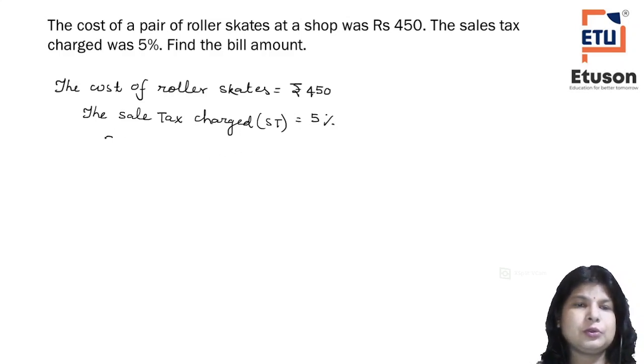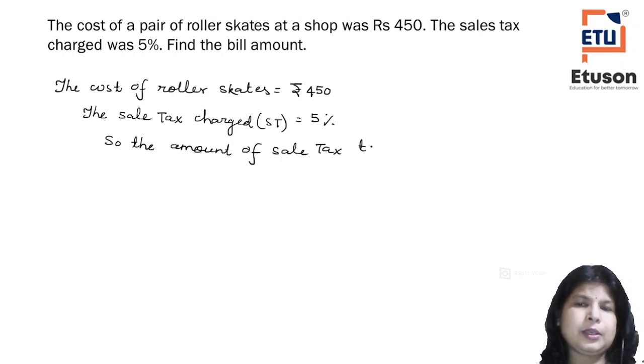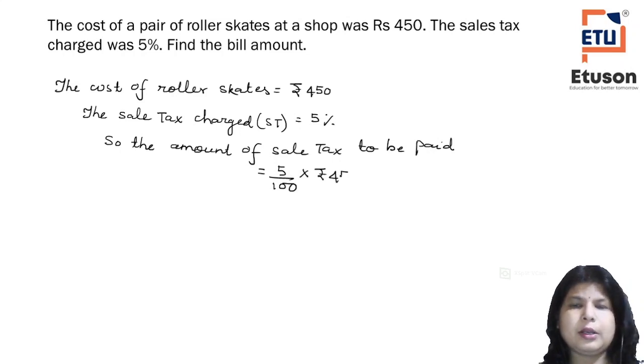So the amount of sale tax to be paid is equal to 5 by 100 into rupees 450, right?